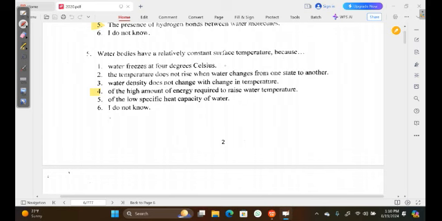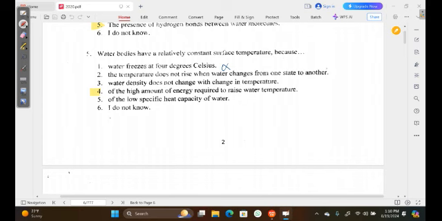From the knowledge that you and I have, we know that the freezing point of water is actually 0 degrees Celsius, which makes this answer wrong. Then option 2 is saying the temperature does not rise when temperature changes from one state to another.